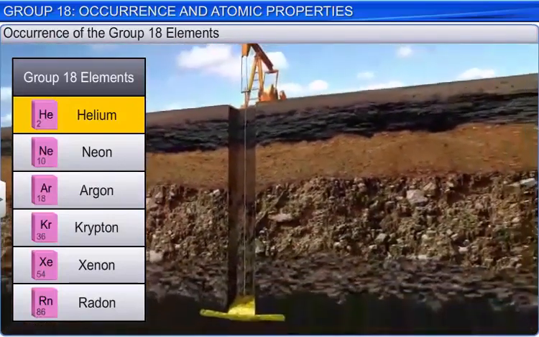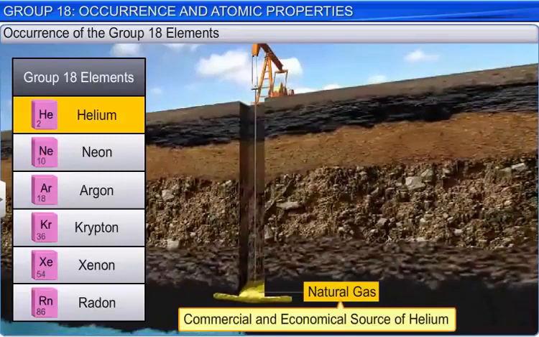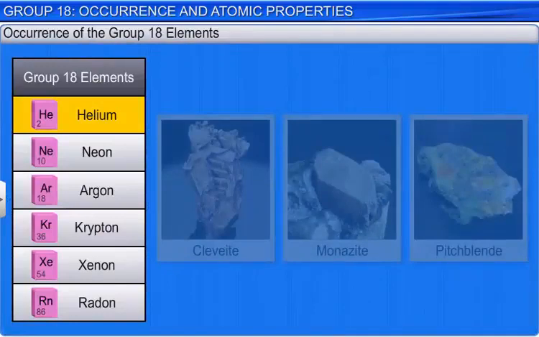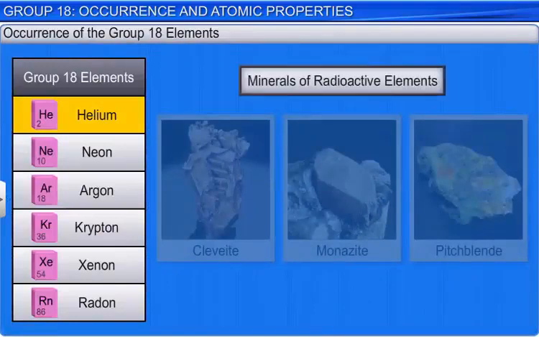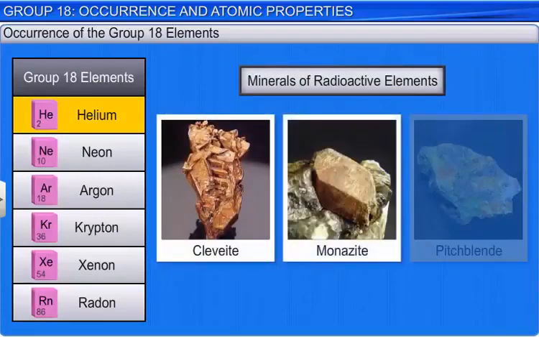Natural gas deposits are the most important commercial and economical source of helium. Helium is also found in the minerals of radioactive elements, uranium and thorium, such as clevite, monazite and pitchblende.